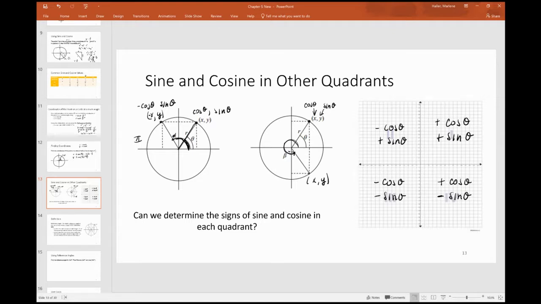Because it's the same horizontal distance for that terminal point. The y, however, will be the negative of whatever it was up there. All right? So I could say the cosine of beta is equal to the cosine of theta, right? And the sine of beta is equal to the negative of the sine of theta.